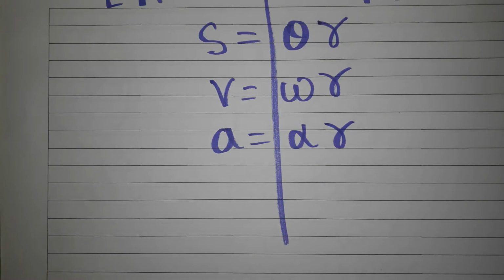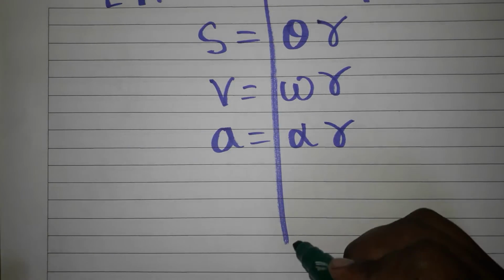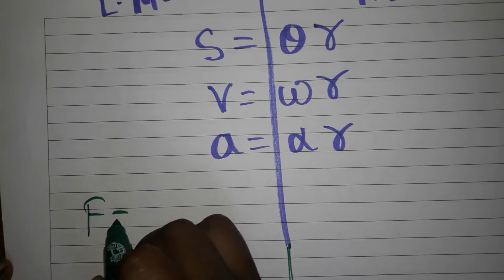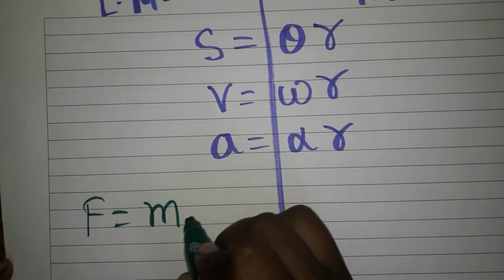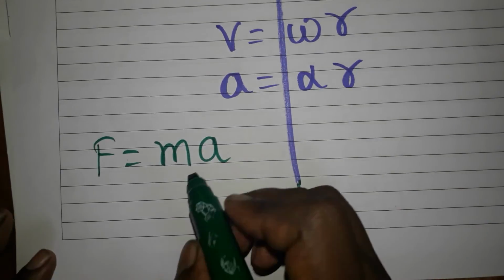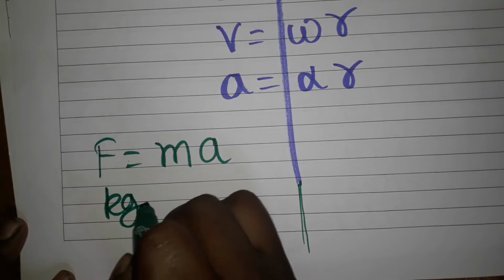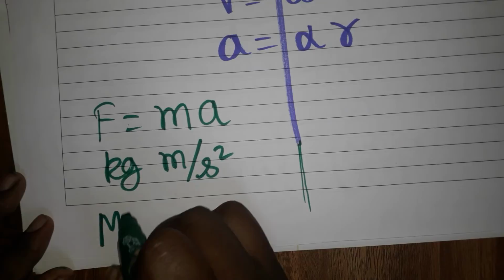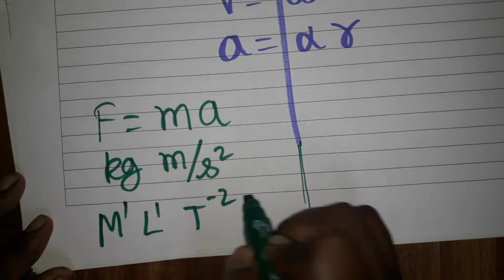Next, this side I am taking as force. F is equal to force. Force is equal to mass into acceleration. Mass unit is kg, acceleration unit is meter per second square. So the dimension formula is M power 1, L power 1, T power minus 2.